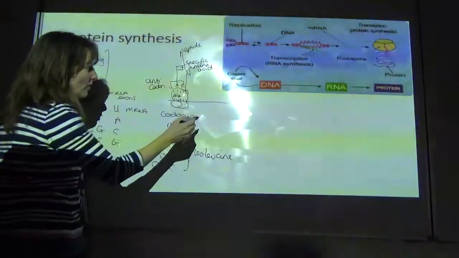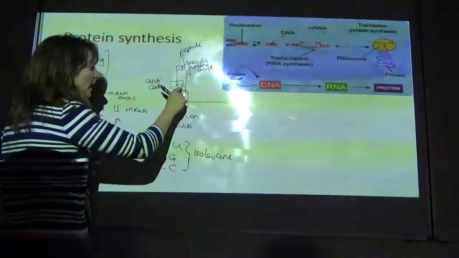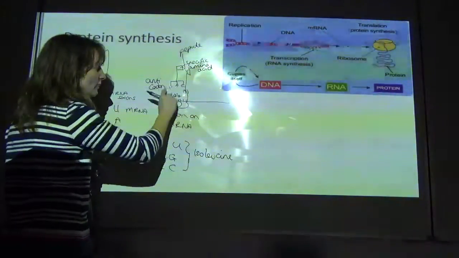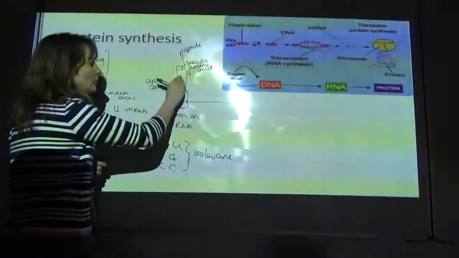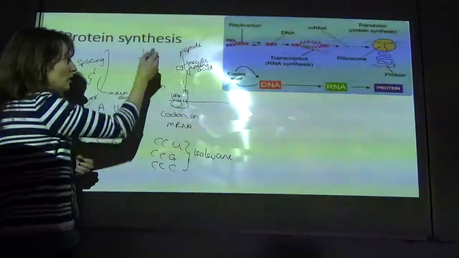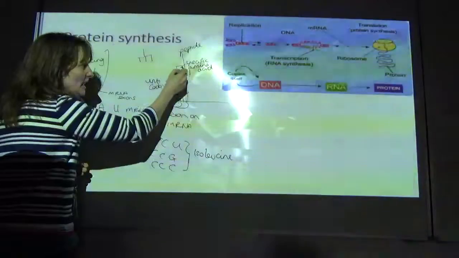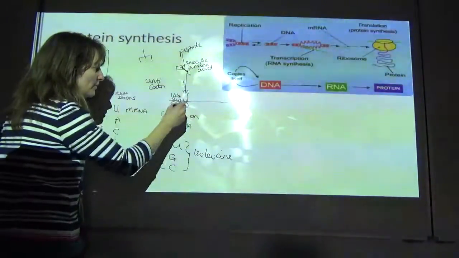As the ribosome moves along, that allows the bonds between the complementary bases to break, and so that tRNA will be removed. That tRNA goes back into the cytoplasm to pick up a new amino acid. So notice the amino acid is gone. That amino acid is now joined to this amino acid, and the process repeats.